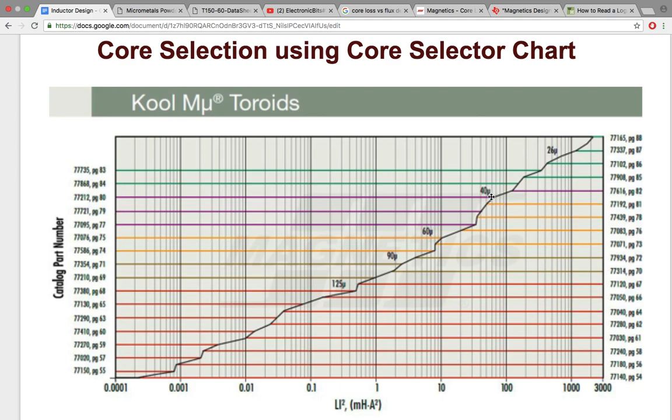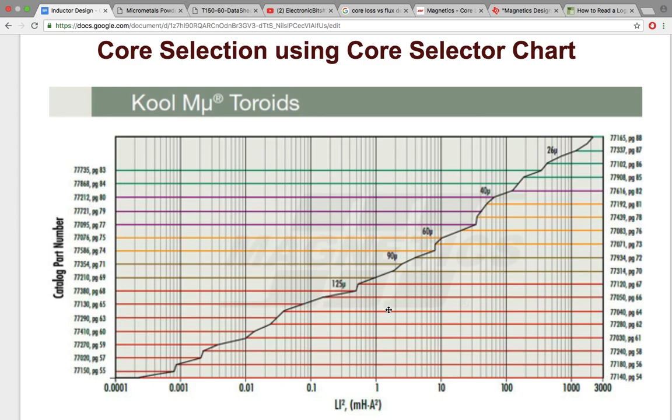Wherever it intersects, you can choose the core. You can choose all the cores above that line, above that point basically. So let's say the intersection is here, you can choose this core, or the cores above there, or you can choose the cores here and above there. So basically this is a very simple method, but the problem here is that you have to get this chart correct.